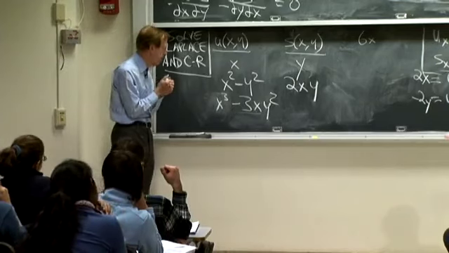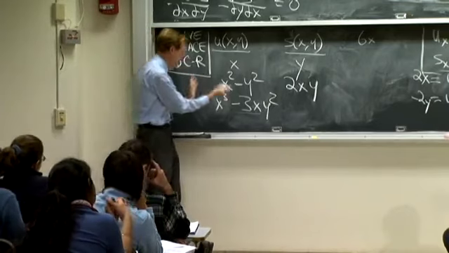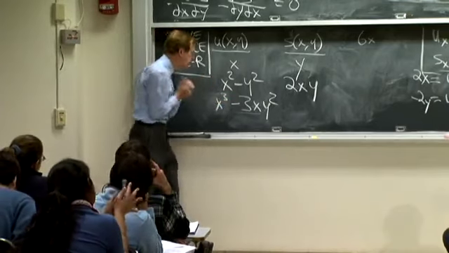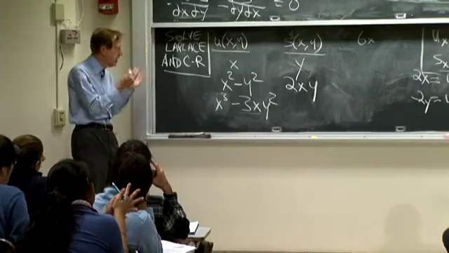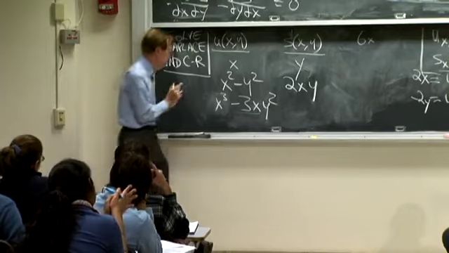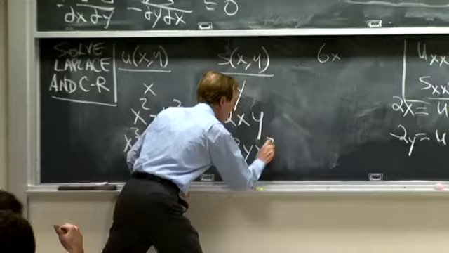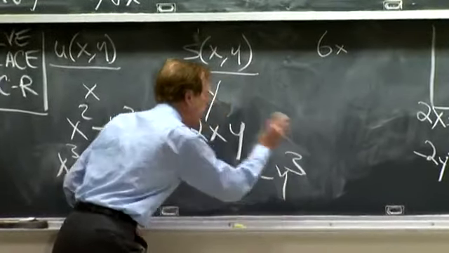And I think, I just sort of reverse x and y to get another one, because if I exchange x and y, I'm still okay with Laplace's equation. I think something like 3y x squared minus y cubed.